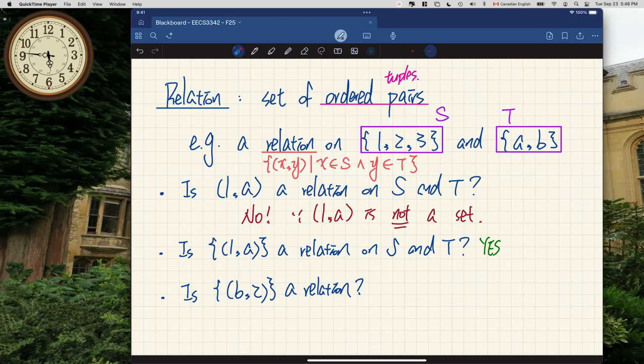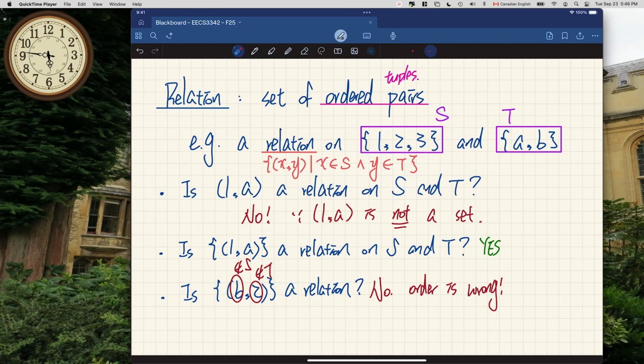So this B here does not come from here, and 2 here does not come from here. So that's why it's no. The order is wrong. For example, B here is not a member of S, and also 2 here is not a member of T. So really the order got to be right.